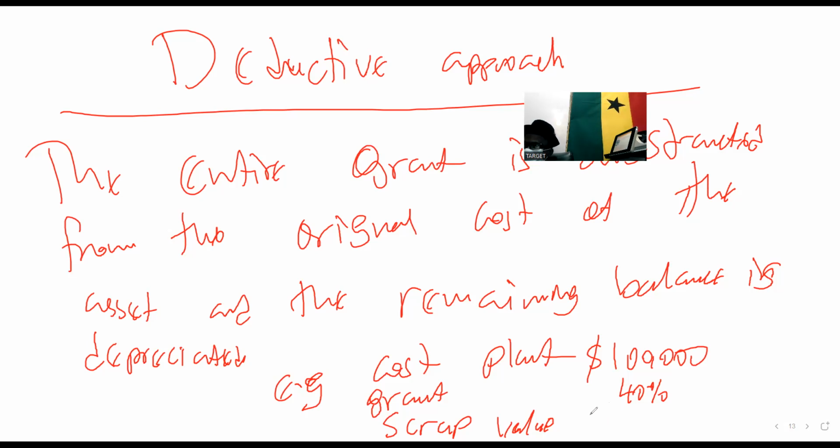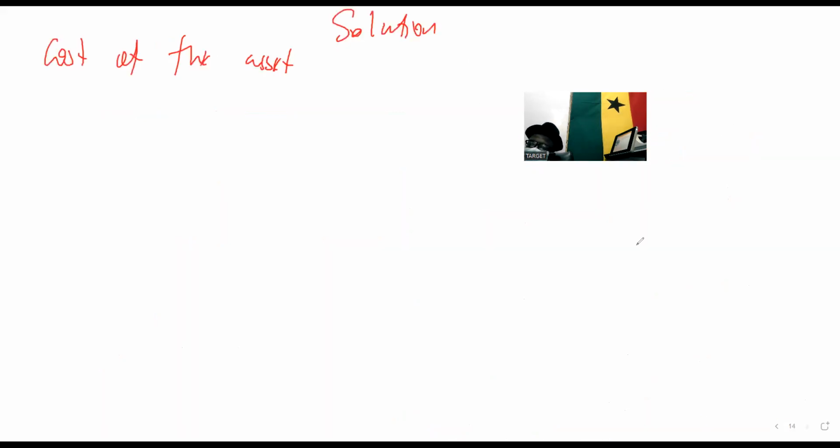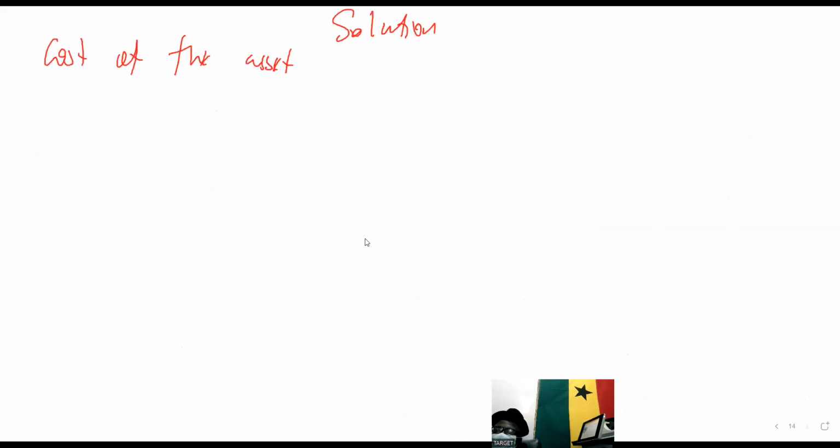Let me make it just $10,000 after 4 years. So the asset life is 4 years. Cost of the asset in dollars is $100,000.